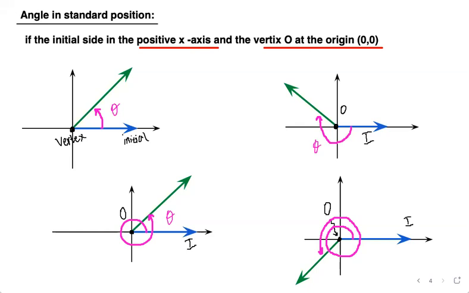This is my x-axis, this is my y-axis. For this one, the angle has a measure like this, starting at this point and turning around like this. And when you turn around like this, it's clockwise. Clockwise has a negative measure.